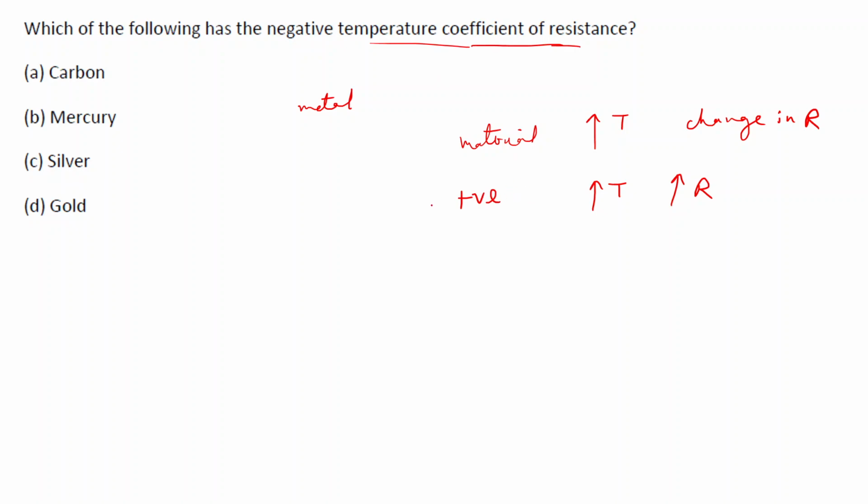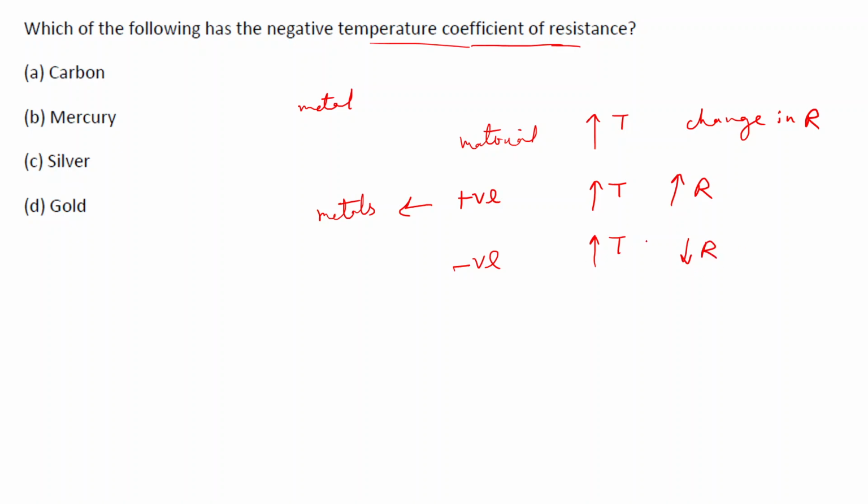This happens for metals: with increase in temperature of the metal, the resistance also increases. This is known as positive coefficient of resistance. Thus, what will negative temperature coefficient mean? It will mean that with increase in temperature, the resistance decreases.